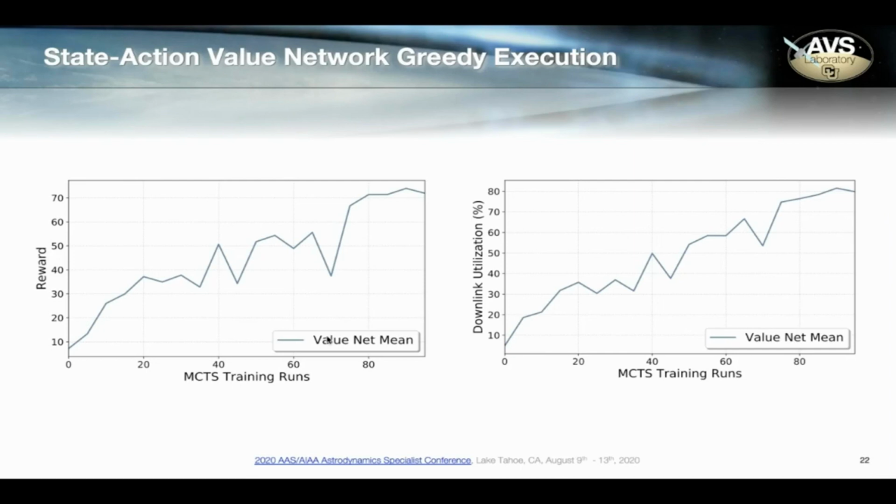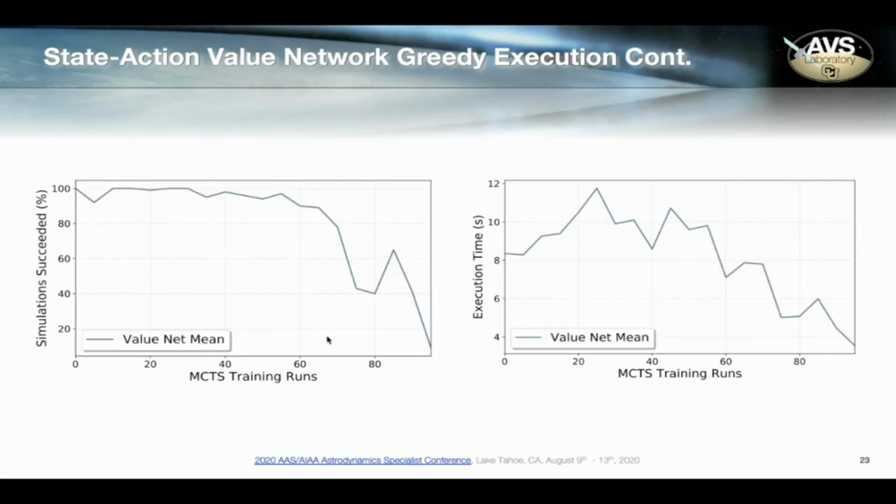I think those are important to include because it shows that the state action value network can still execute to completion even if there aren't any downlink opportunities available. Similarly, the percent of simulations that succeed tanks as the training goes on, and this is due to the learned policy.